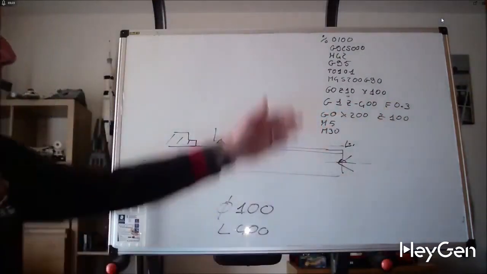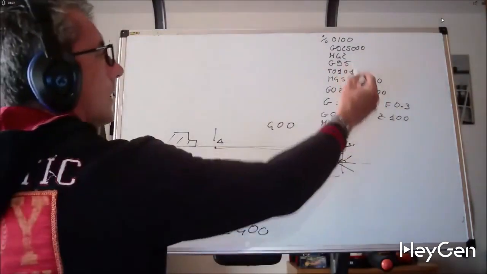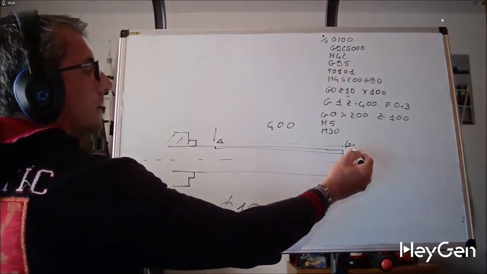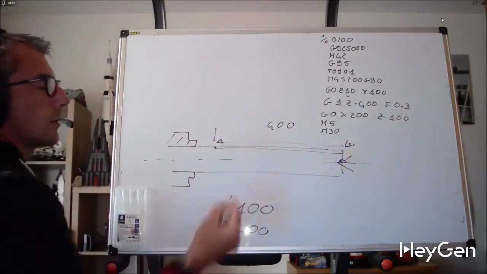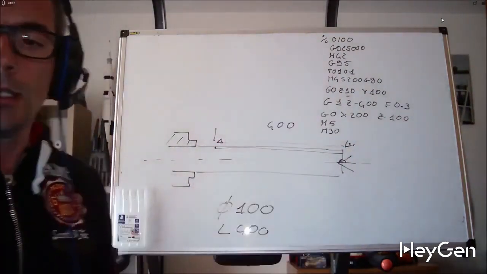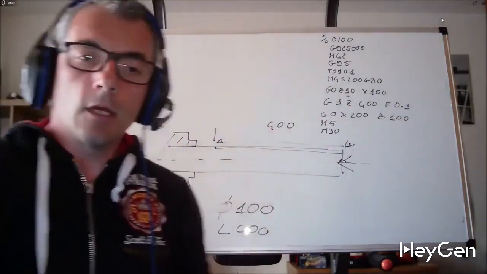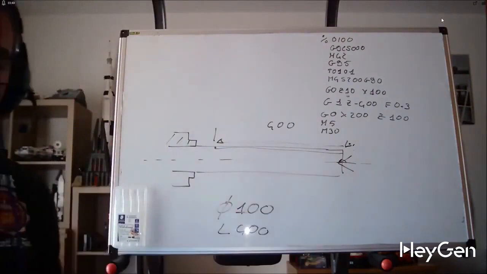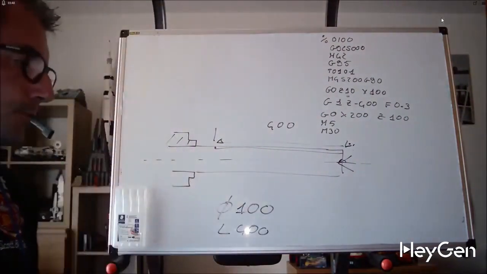Now, in this particular case, I find myself in a situation where I have approximately 200 bars in front of me. Out of these 200, I need to make 10 with a diameter of 100, 4 with a diameter of 150, 5 with a diameter of 100.7, and so on, all fortunately for a length of 400.